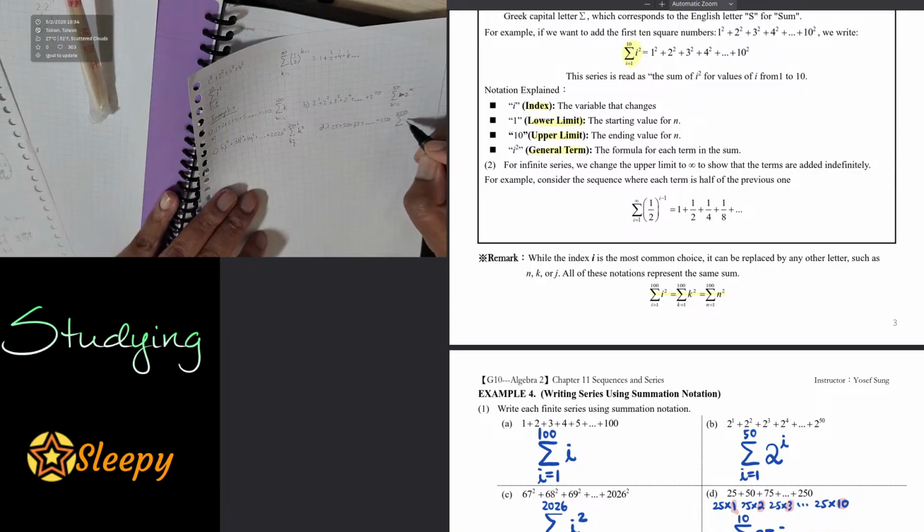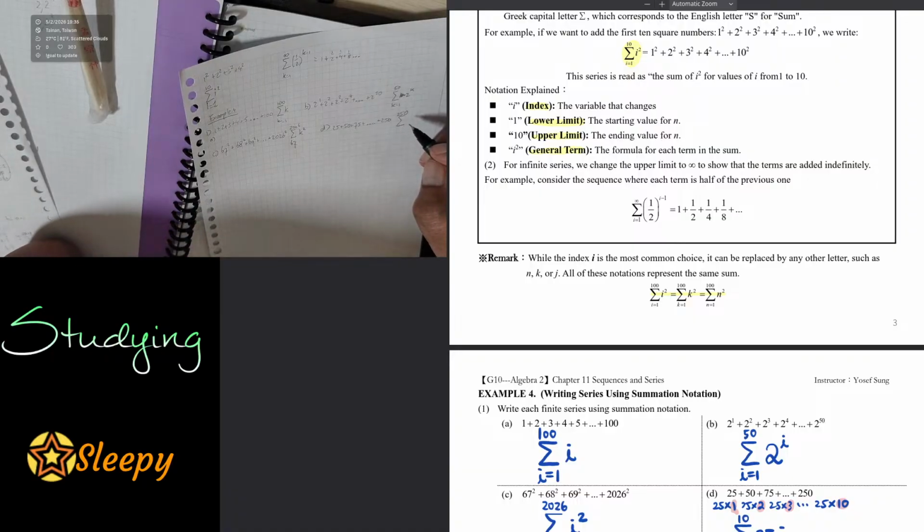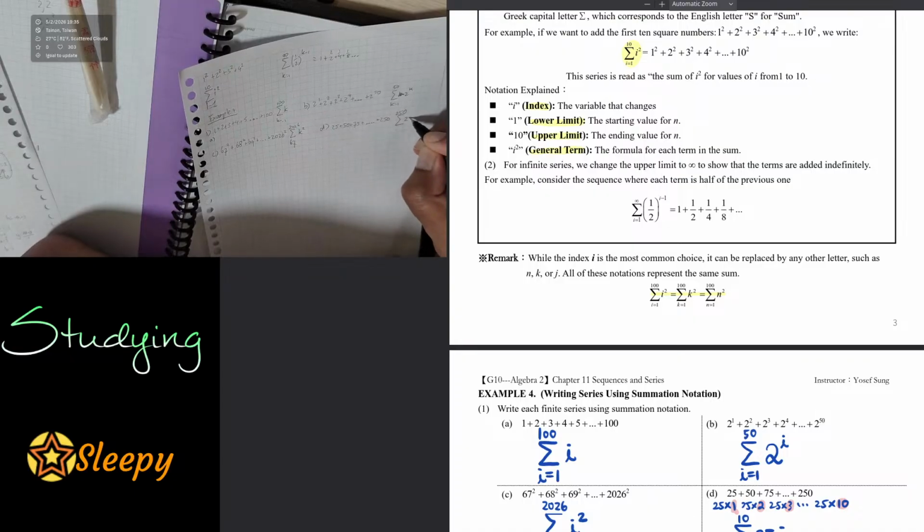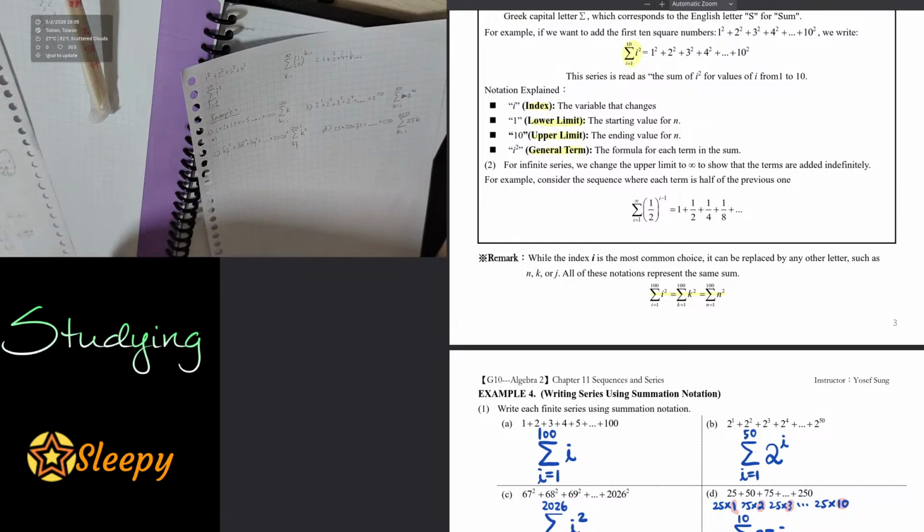So 2k, okay. 25 times 1. So 25 times k. Let's just go on.